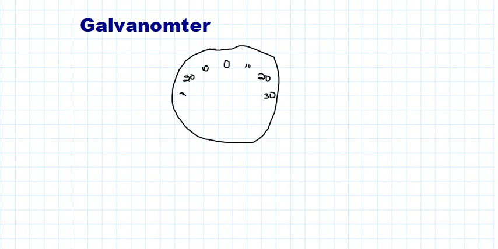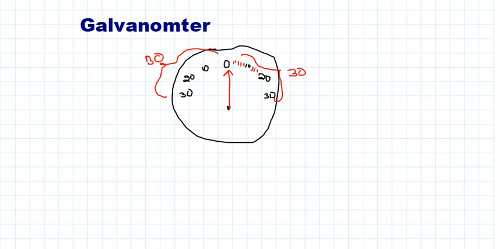Here we have a pointer. This is called zero deflection. Remember, there are totally 10 divisions between each number. If I count these complete numbers, there are 30 divisions on the right side, and similarly 30 divisions on the left side. This is how a galvanometer looks.